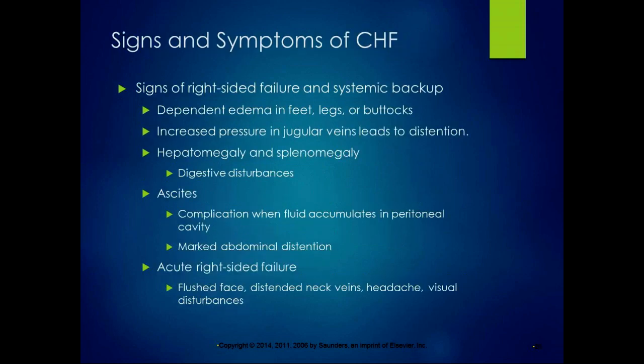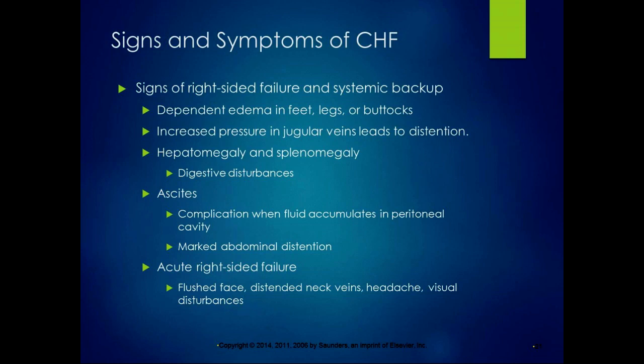So right-sided heart failure, you get the systemic backup, you get that dependent edema in feet, legs, or buttocks. So if they're sitting or lying down, you get that edema. There's increased pressure in the jugular veins, and so they're often distended, and you can see it in their neck. They get hepatomegaly and splenomegaly. Megaly is enlargement. Hepato is the liver, so large liver or large spleen.